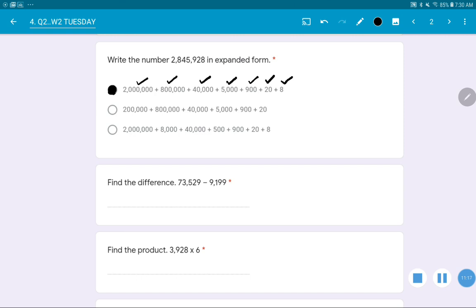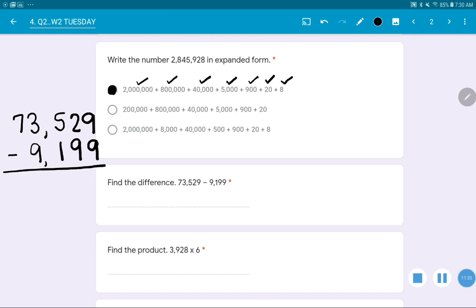Okay, next, we're finding the difference. So I need to subtract 73,529 minus 9,199. So once again, I'm very careful to line up my place values. 9 minus 9 is 0. Next, I have 2 minus 9.